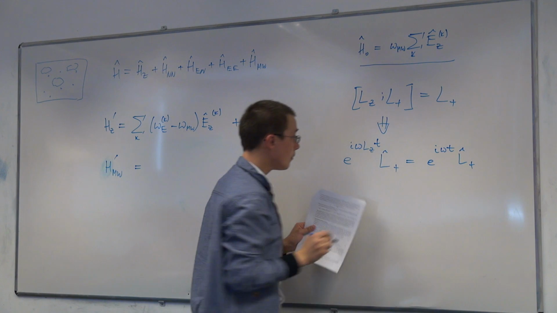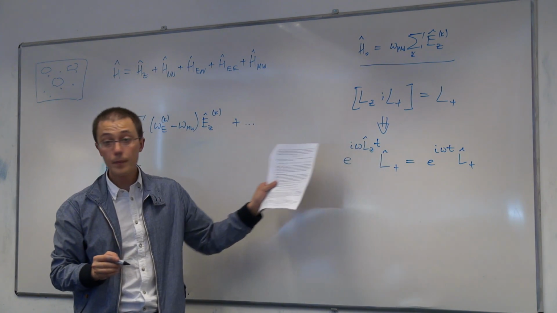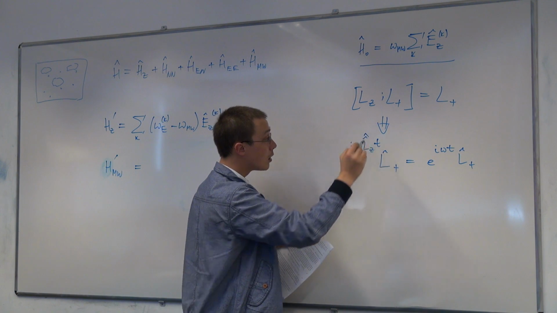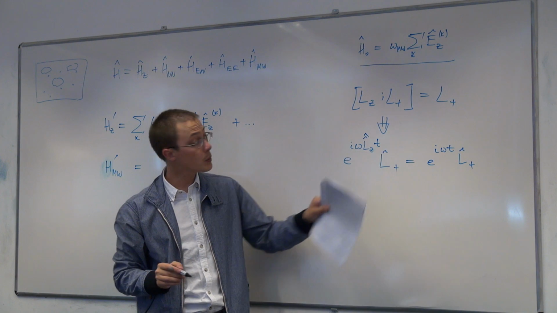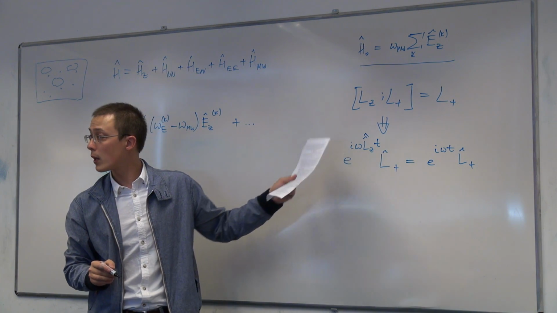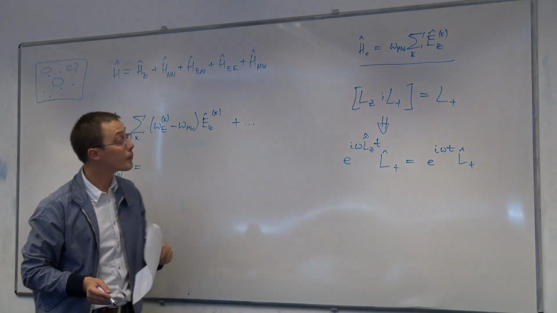So, under the action of a rotating frame transformation, the plus terms acquire positive frequencies and the minus terms will acquire the corresponding negative frequencies because of this commutator here.